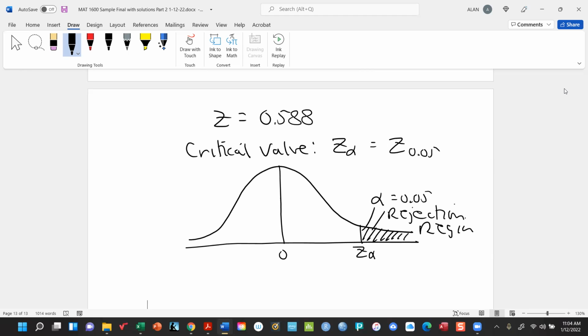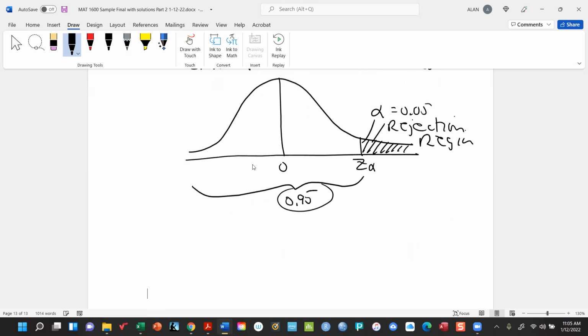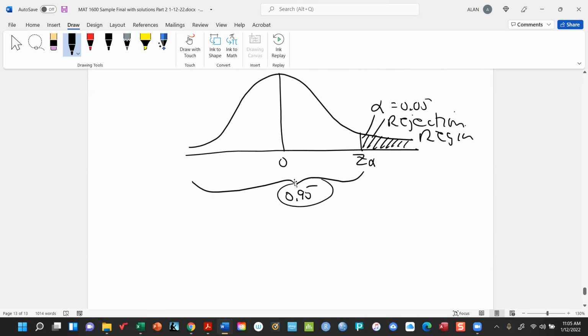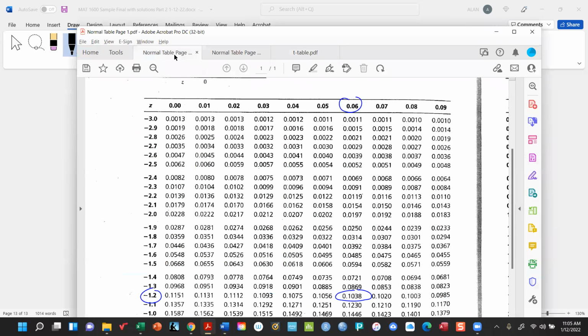Now, what exactly am I looking for? This Z score is the boundary. You could think of it as between the bottom 95% of this distribution and the upper 5%. So here's what we're going to do. We're going to go into the table and look for 0.95. Okay, so let's go look at this positive table.